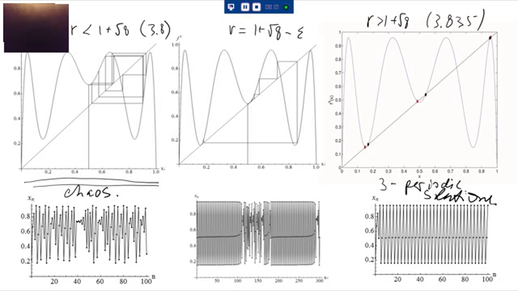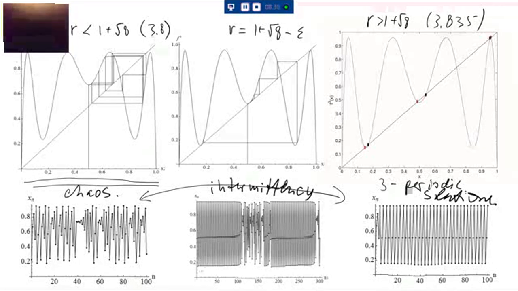And the transition from chaos to 3-periodic solutions takes place through so-called intermittent dynamics. So this is intermittency. See what we have here. We have this band, which is 3-periodic.